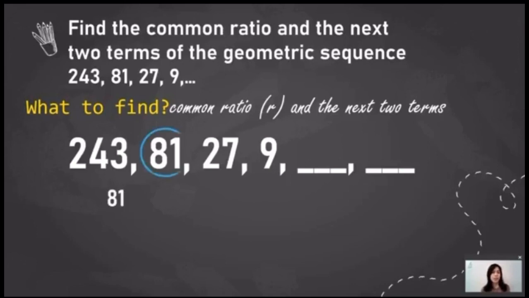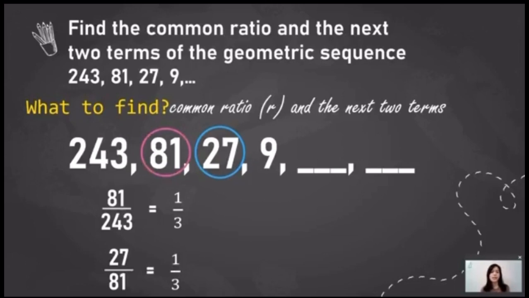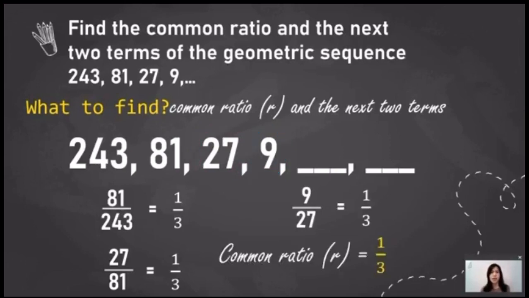Let's consider 81 divided by 243, that's 1/3. Next, 27 divided by the preceding term, 81. Simplifying that, that's also 1/3. And we have 9 divided by the preceding term, 27. Simplifying, that's 1/3 also. Therefore, our common ratio for the sequence is 1/3.